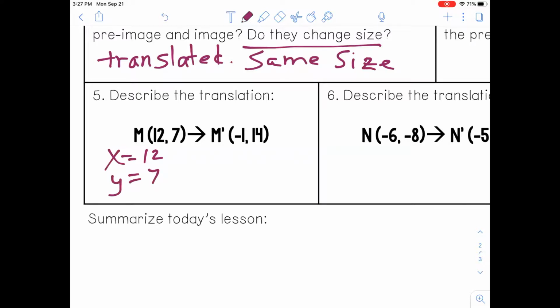Well, 12 to 0, because this is negative, 12 to 0 would be 12, and then one more would be 13. So it's going left 13 units.